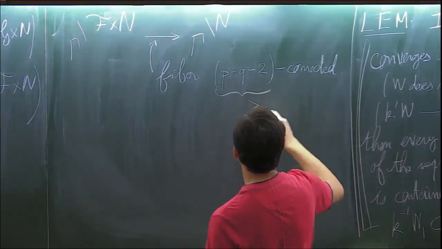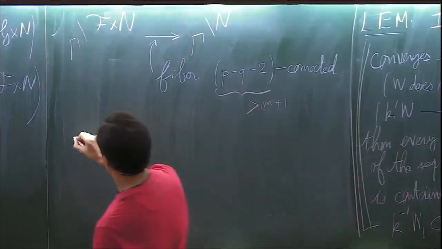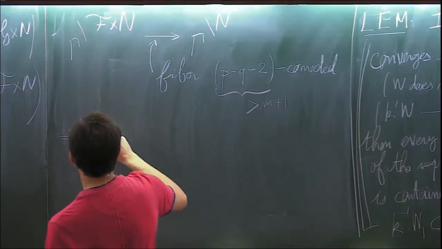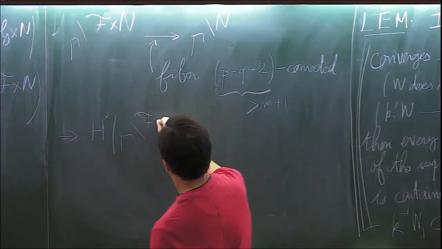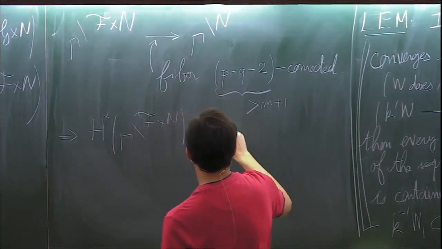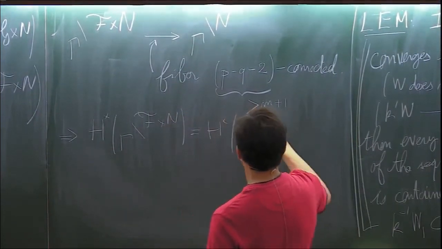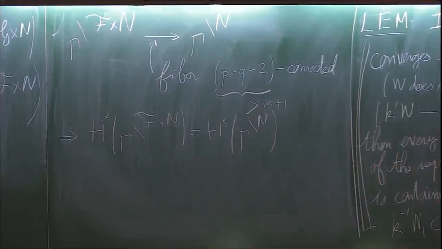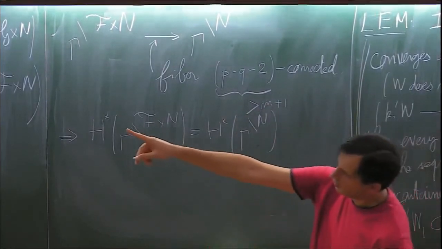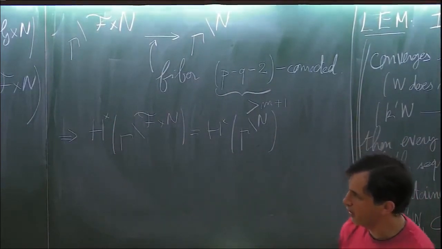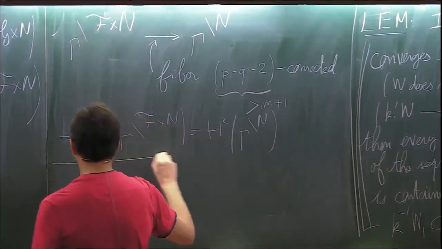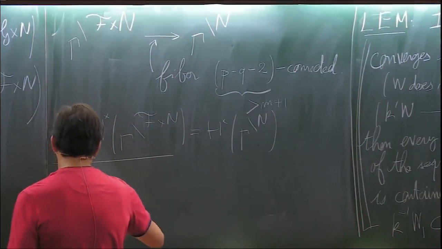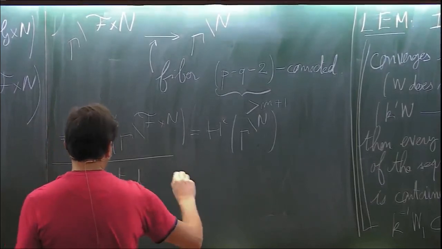So bigger than m plus 1, you get that the cohomology of gamma mod f cross n is really the cohomology of only this space. And I want to understand what is g cross n and how I can see this fibering with really connected fiber. I would like to do the same with g cross n, so I need to understand g.